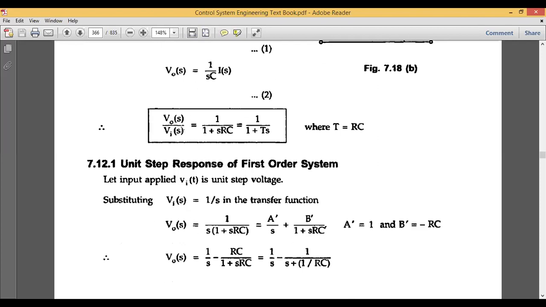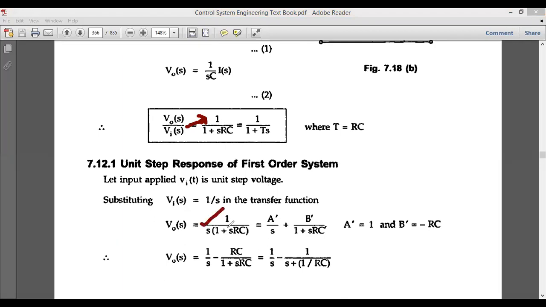How we got this is just by substituting Vi of S on the RHS side, so this goes on the other side. Substitute Vi of S equal to 1 by S and we get this equation.